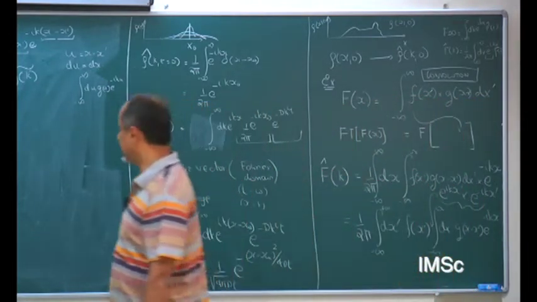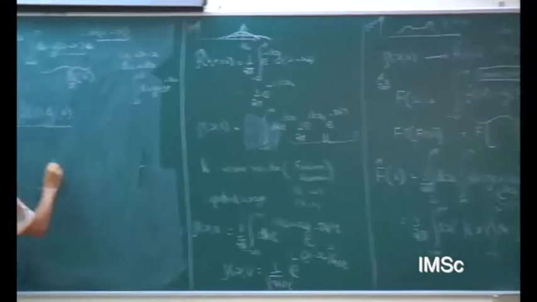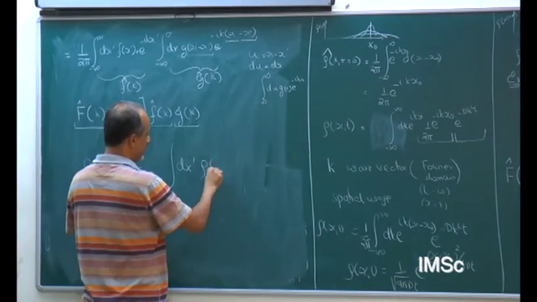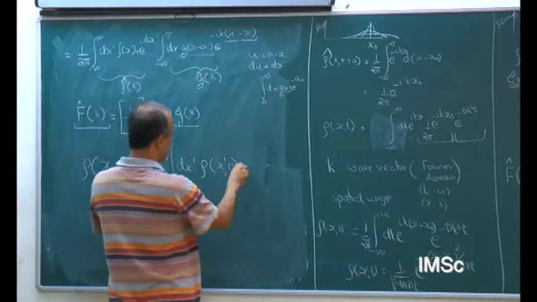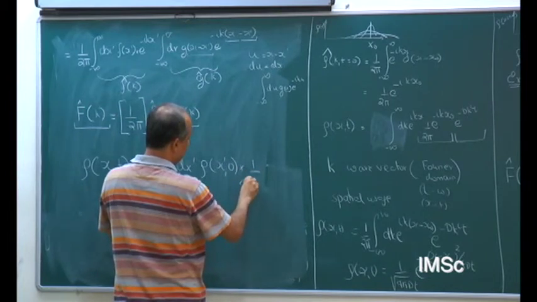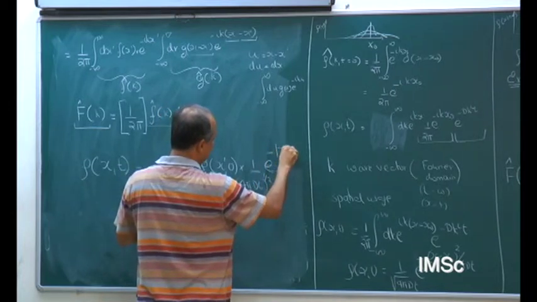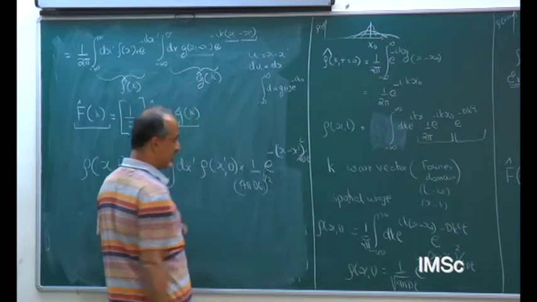So ignoring factors of 2 pi, which we can always reinstate later, rho of x comma t is obtained by taking an integral over x prime of rho of x prime at time t equal to 0, into this factor of 1 over 4 pi dt to the power 1/2, e to the power minus x prime squared divided by 4 times d times t.